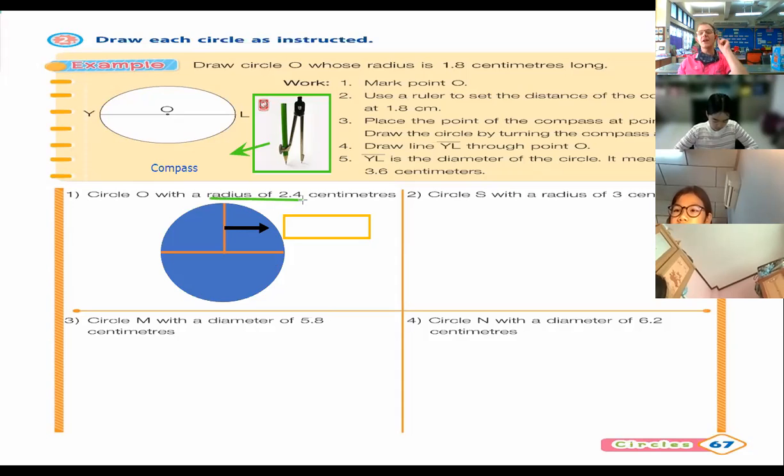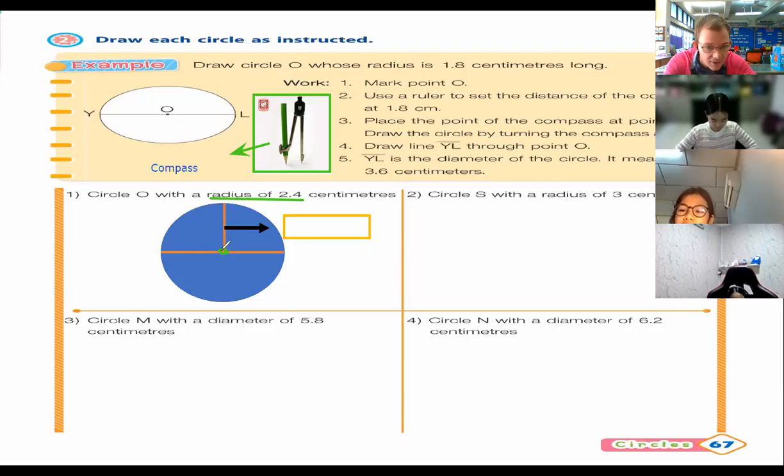We know that the radius starts at the center of the circle and moves towards the outer side. In this picture I drew a line from the center, and this line here would be our radius of 2.4 centimeters.